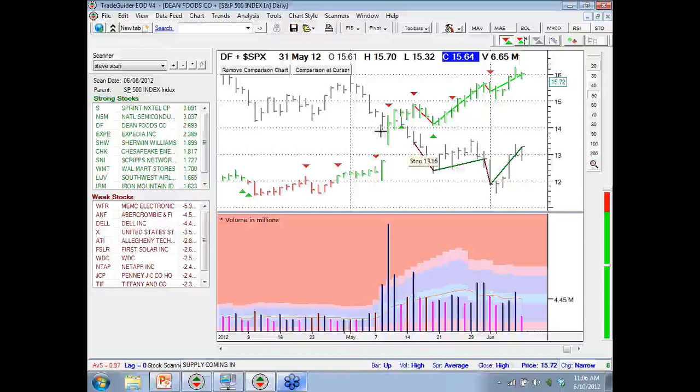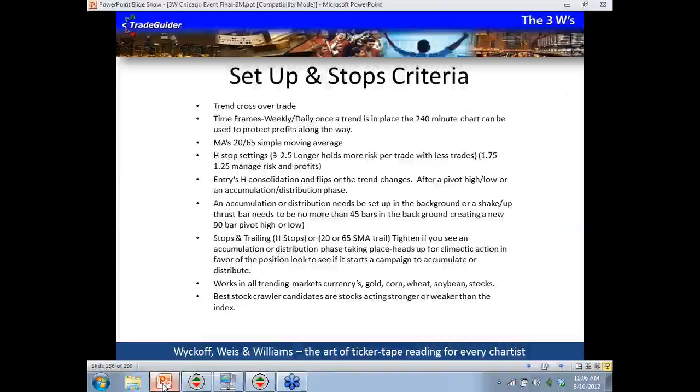And vice versa. If it's trending down and one stock's acting weaker, then I'll put that on my radar. Then I'll look for those specific things to happen. So the best candidates are stocks acting either stronger or weaker than the index when you're going with the index.